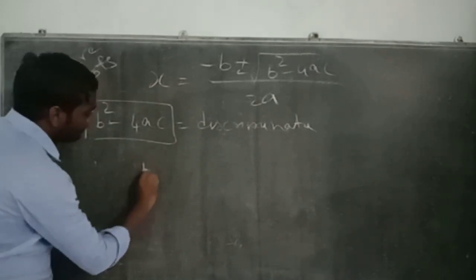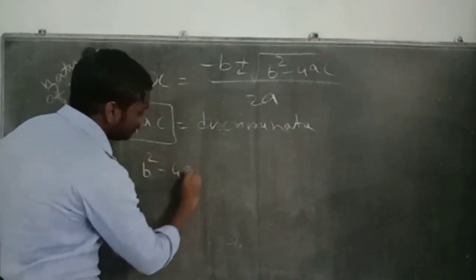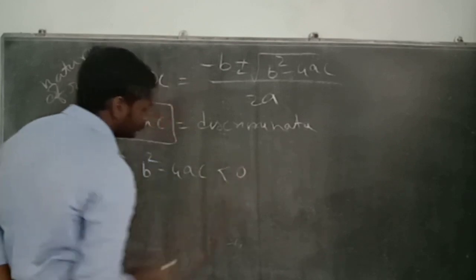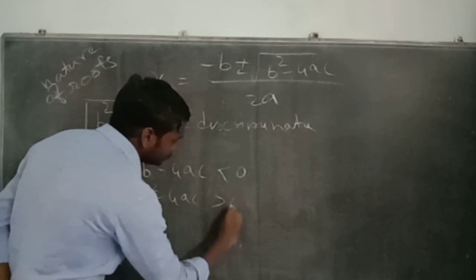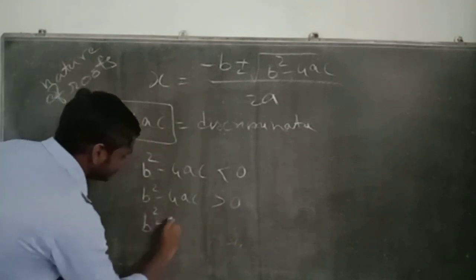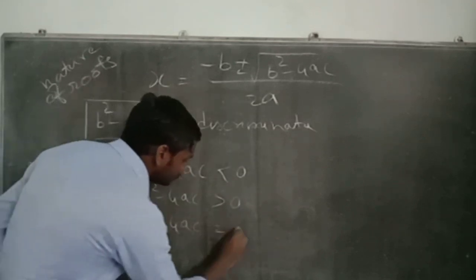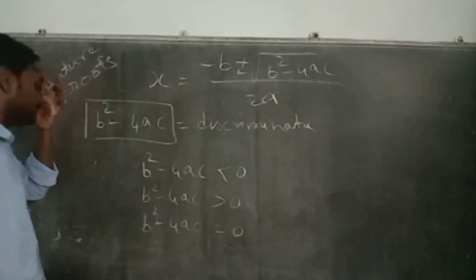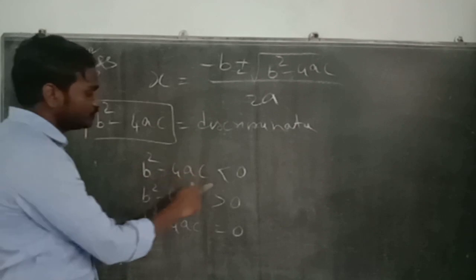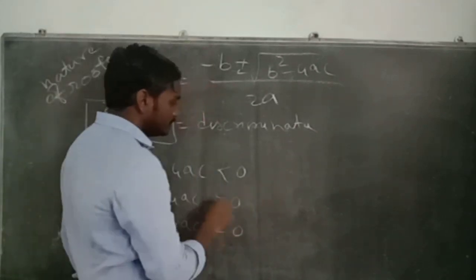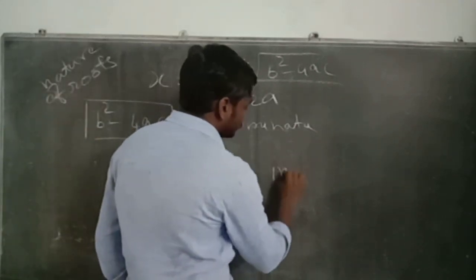Like, b square minus 4ac is less than 0, b square minus 4ac is greater than 0, b square minus 4ac is equal to 0. Under these three conditions, we can find the nature of roots. If b square minus 4ac is less than 0, then the roots are imaginary.